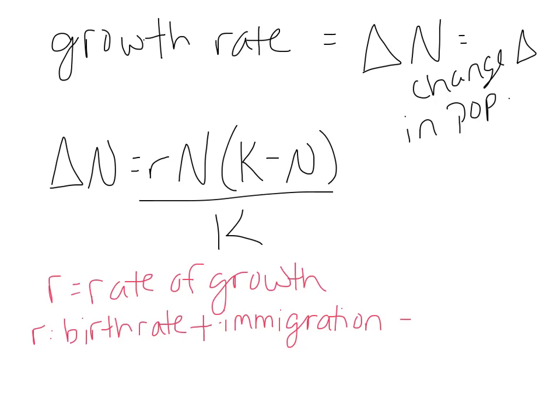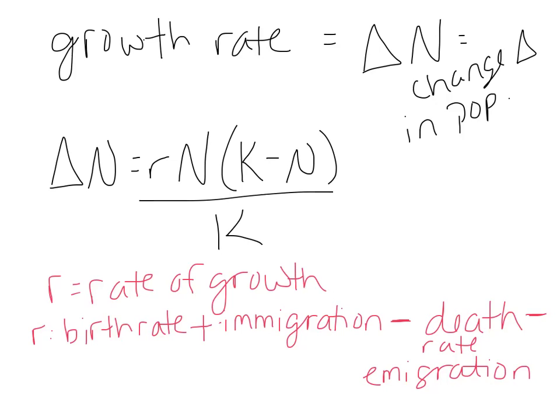So our death rate could decrease the population. It's not an equal sign. That's a minus sign. As well as our emigration, things leaving the population. Okay, so that would be our rate of growth.